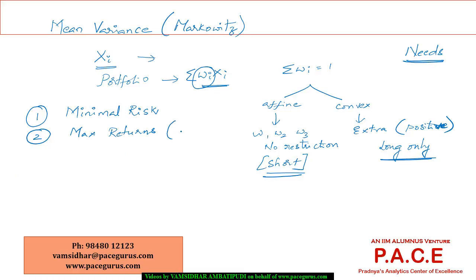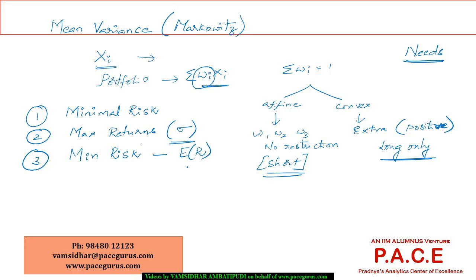Or in some cases people may define some level of risk, and for that given level of risk they want the maximum possible return. That could also be one of the objectives solved through this optimization solution. Sometimes there is a combination: I want my risk to be as minimal as possible, and I define some level of expected return.